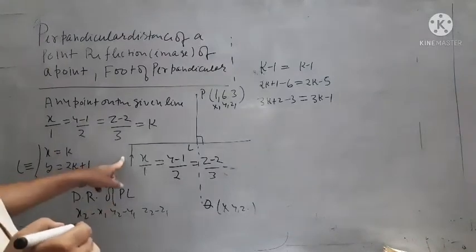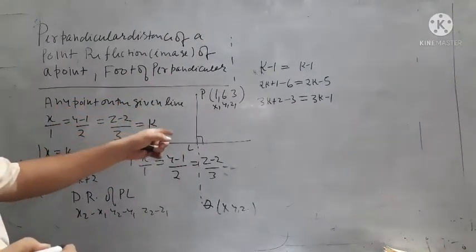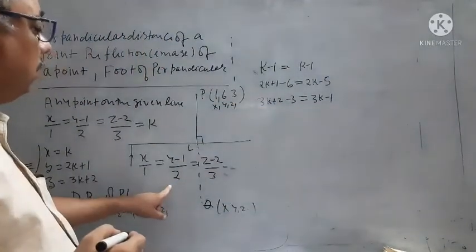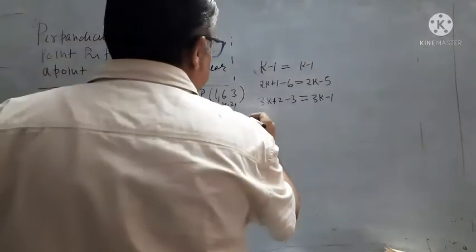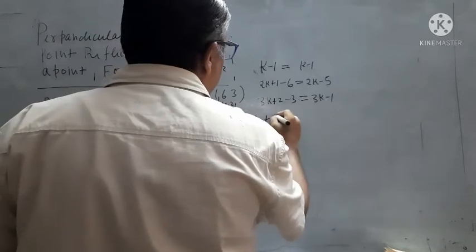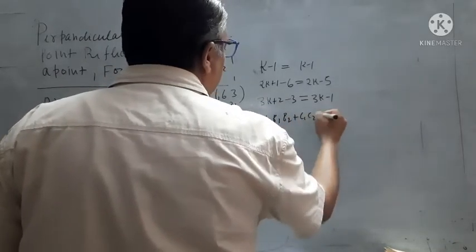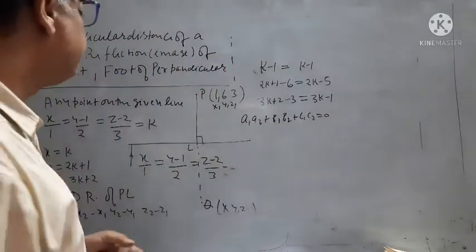Since this line and PL are perpendicular to each other, to obtain the value of k we apply the condition of perpendicularity. As you know, the condition of perpendicularity is a1 a2 plus b1 b2 plus c1 c2 equal to 0 in usual notation.